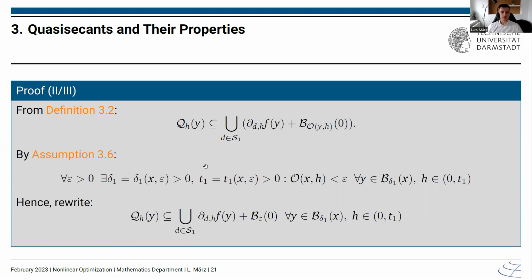And using the assumption, we can control this residual term, meaning that for all epsilon, we find a delta 1 and a T1 such that this residual term is bounded by epsilon on this neighborhood of y's and h's. So we can rewrite this on top by adding this general term, which is outside of the union and has radius epsilon.